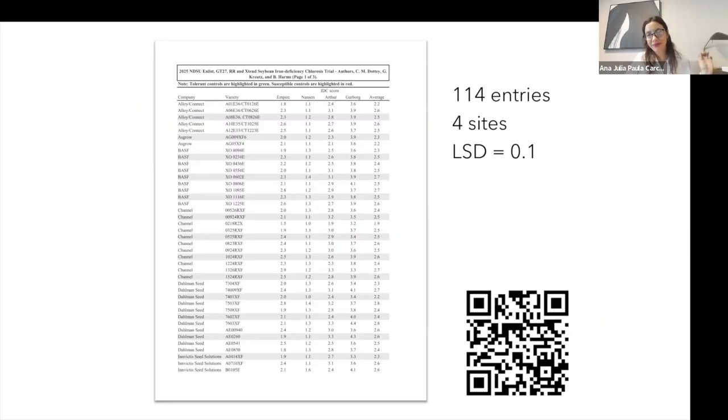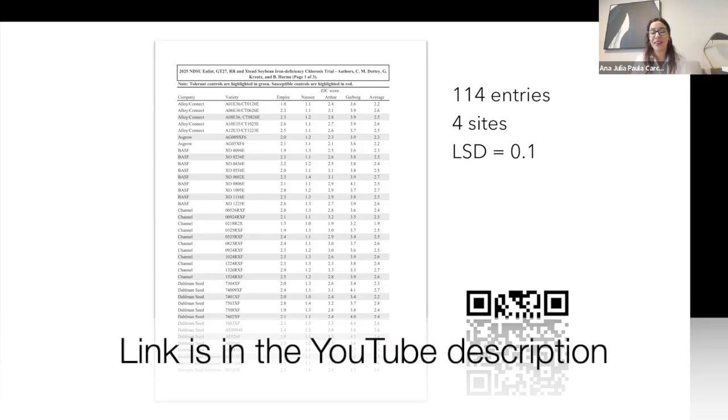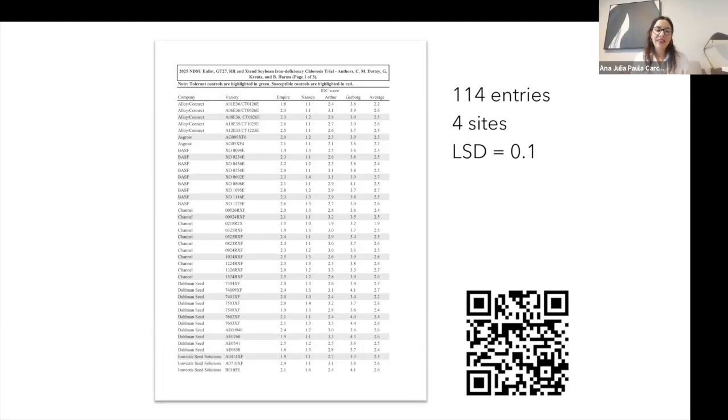So saying that, this year NDSU released our IDC scoring, and it's really, really valuable information. I'm sure Linda is sharing the link in the chat. If not, you can just scan the QR code. Our soybean breeding team at NDSU scored 114 different varieties, so you can use this information.